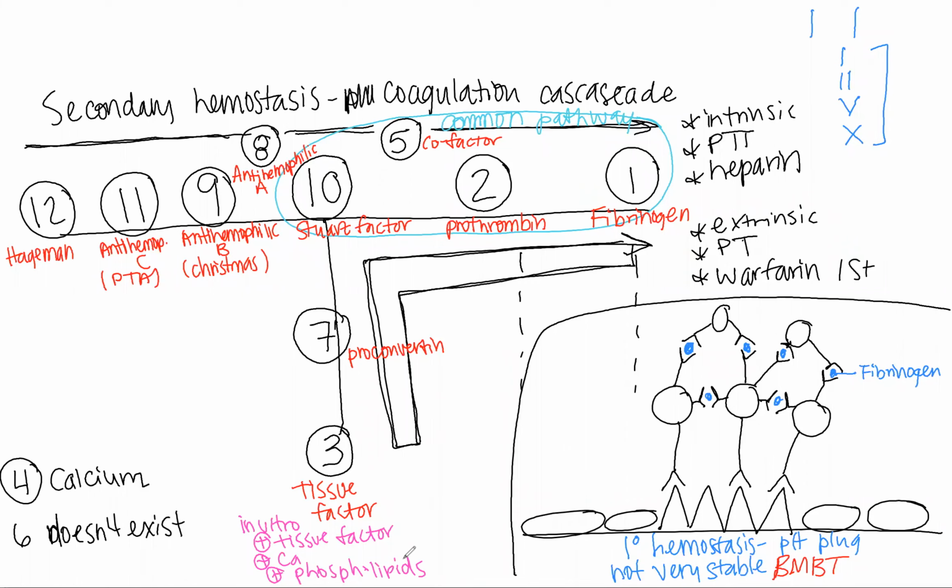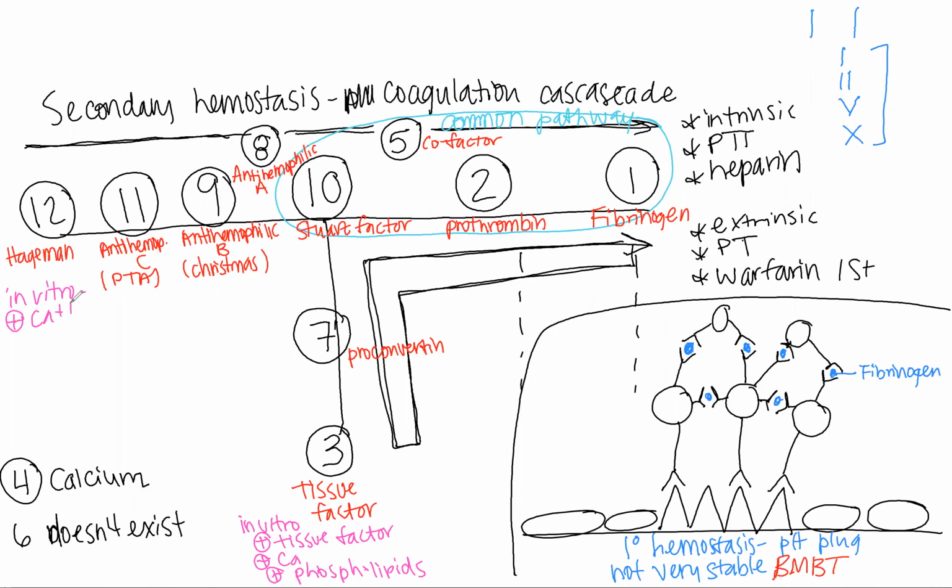So we're adding everything that the extrinsic pathway needs to go to completion. So it only says that from here on out, these things that are present in the extrinsic pathway are normal.